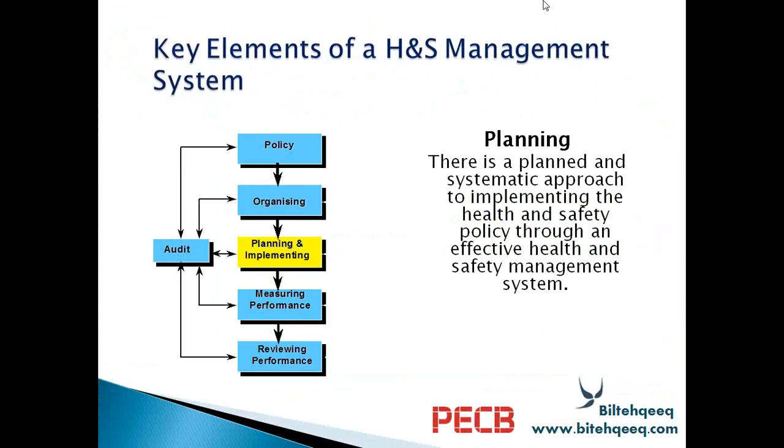And the next element is planning. Planning is basically a planned and systematic approach to implement the health and safety policy through an effective health and safety management system. So in this element, we plan and implement health and safety policies through an effective health and safety management system.